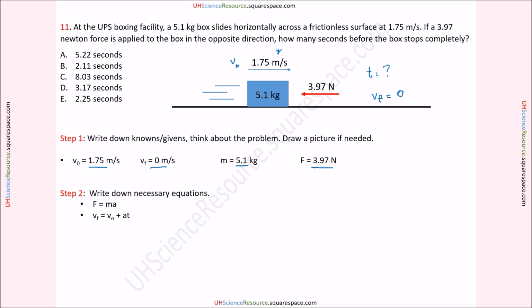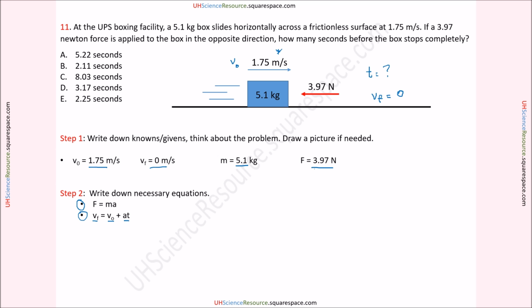We know that we're dealing with a force, and so we use the equation force is equal to mass times acceleration, and we know we have a velocity influenced by acceleration. So we are going to use final velocity is equal to initial velocity plus acceleration times time. Okay, so let's look at these equations and how they might be used.